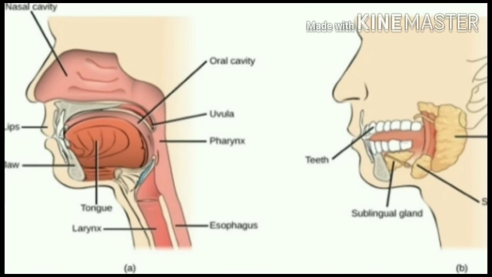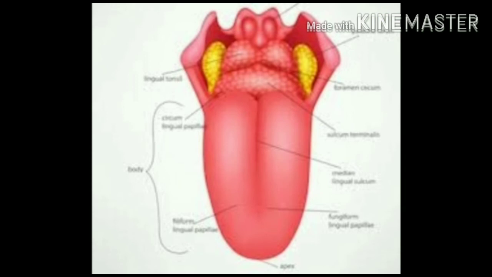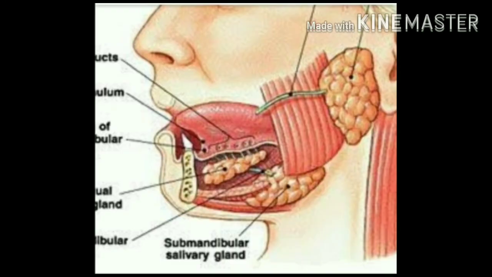Dear children, now you know that the alimentary canal begins at the mouth or buccal cavity. Food is ingested through the mouth. The mouth contains teeth, tongue, and salivary glands.